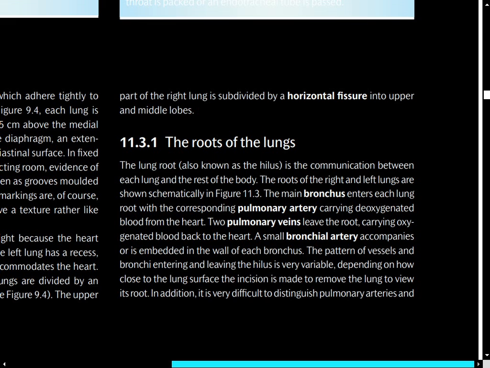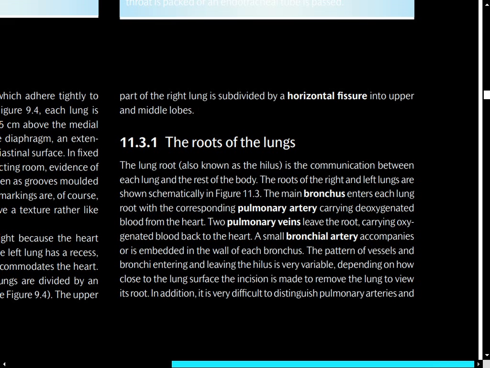First, the pattern of vessels and bronchi entering and leaving the hilum is very variable, depending on how close to the lung surface the incision is made to remove the lung to view its root.